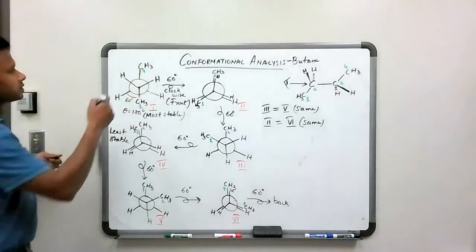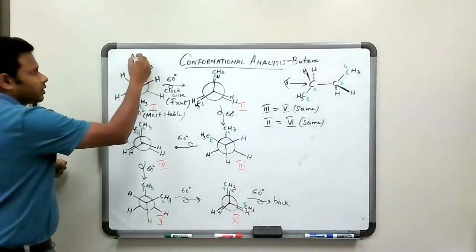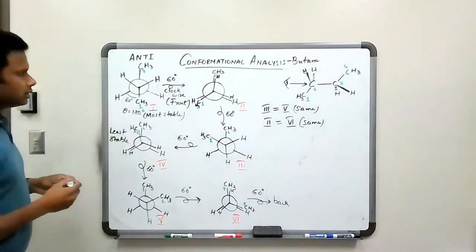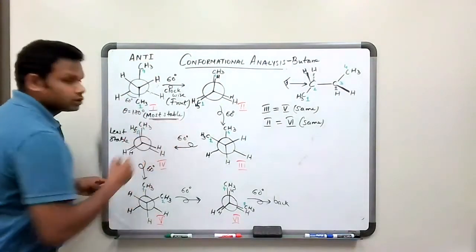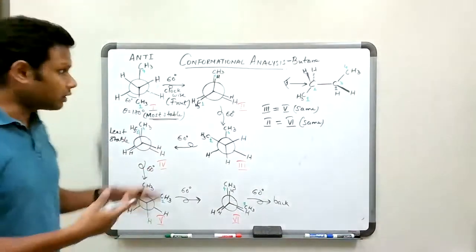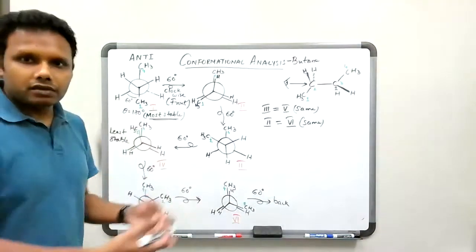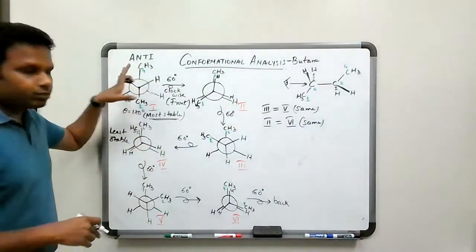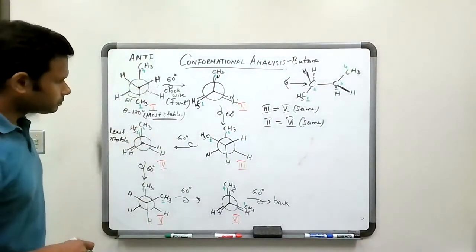They are the farthest away from each other. That conformation is called an anti-conformation, and it is the most stable of conformations. Now, this can be applied to other molecules also. Anti-conformation is the most stable.